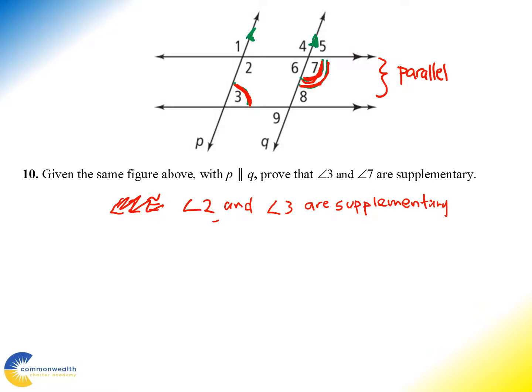And I know that's the case by the same side interior angle theorem. Okay.